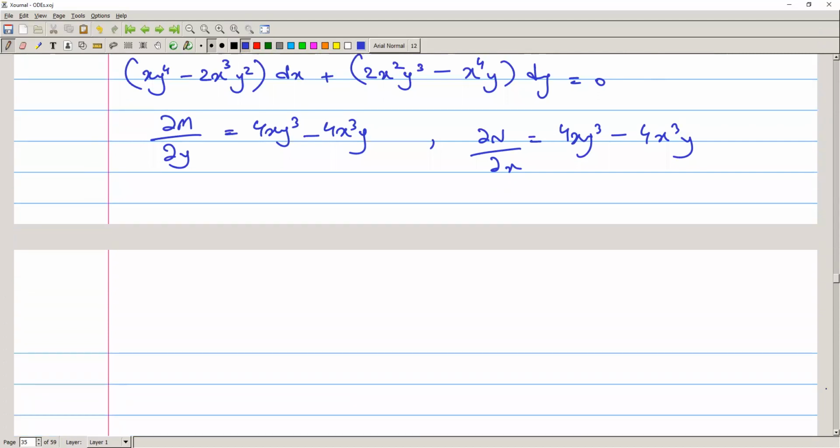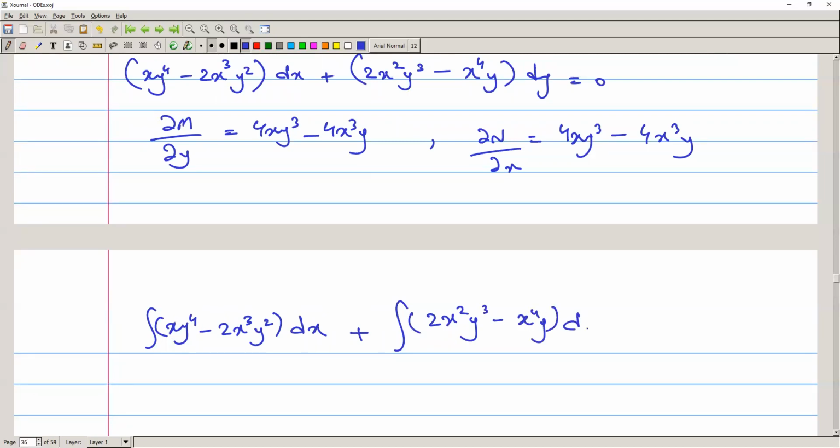So we just need to integrate the function, apply the integral of (xy to the power 4 minus 2x cubed y squared) dx, where y is constant here, and then plus the integral of the terms in N that are free of x, here (2x squared y cubed minus x to the power 4 y) dy, and it's equal to 0.